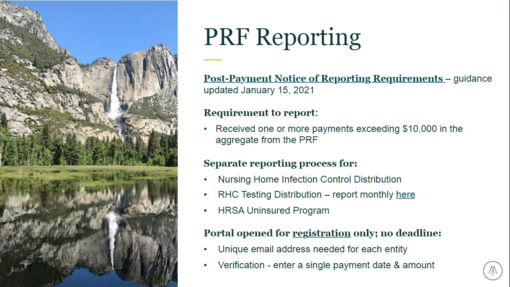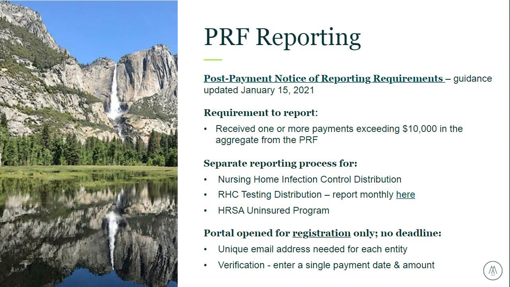So I always recommend that clients that have both general distributions and those nursing home funds make sure they're setting aside expenses that are specific to that distribution, that you are not going to include in this general PRF reporting.